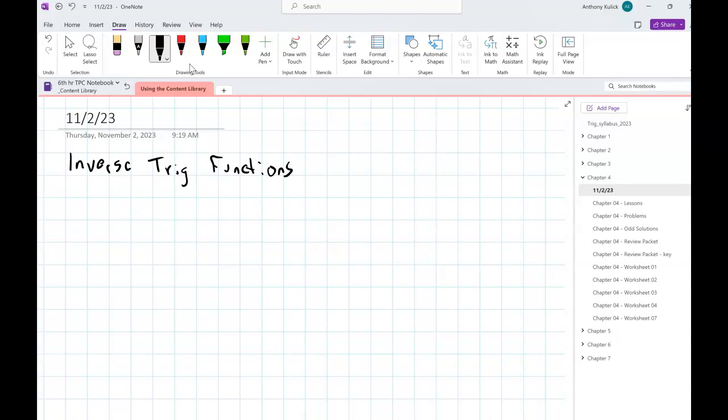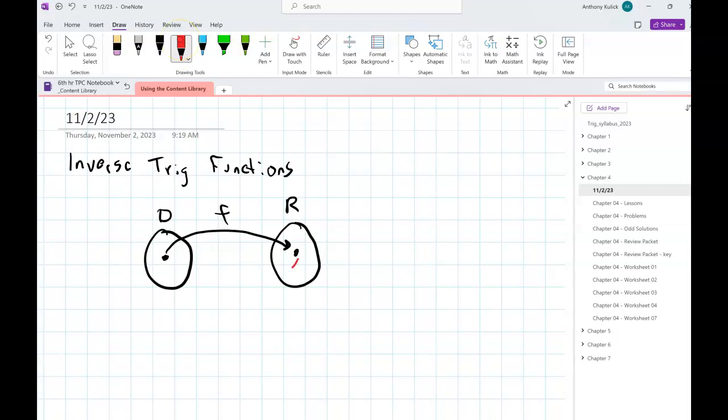Again, not really limited to multiplication even. So if we have our domain and range, and some function f that takes something in the domain to something in the range, the inverse is just going to do the reverse.